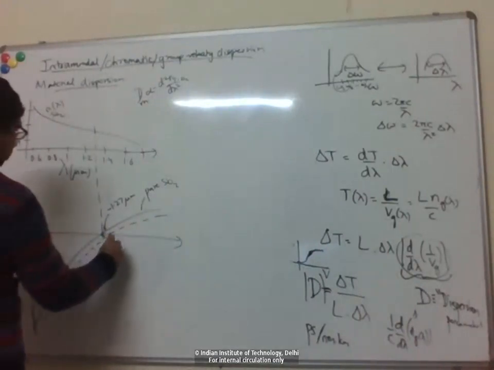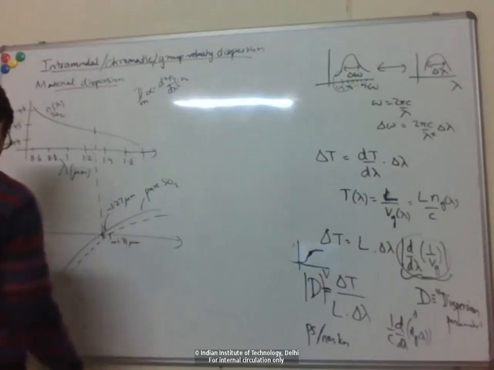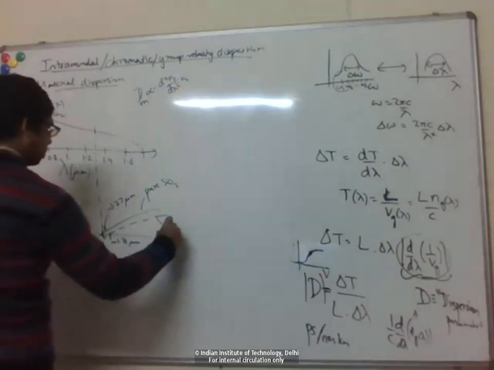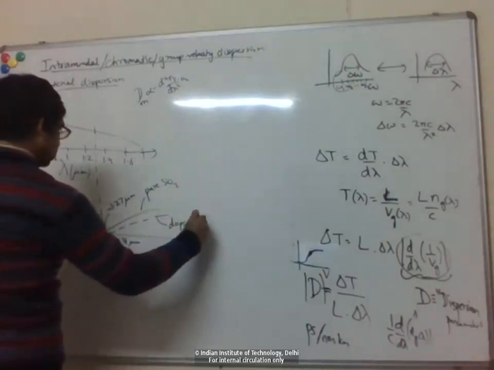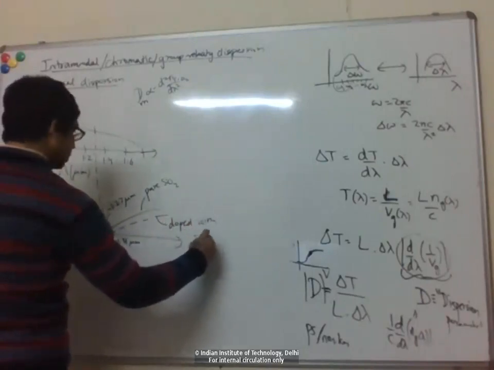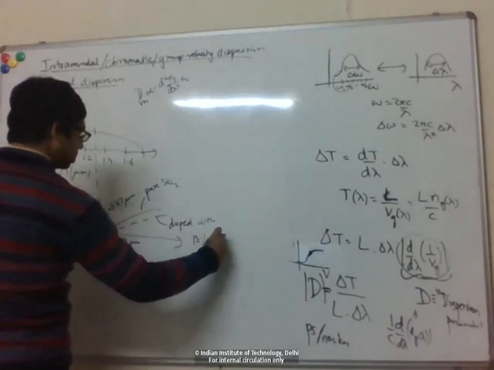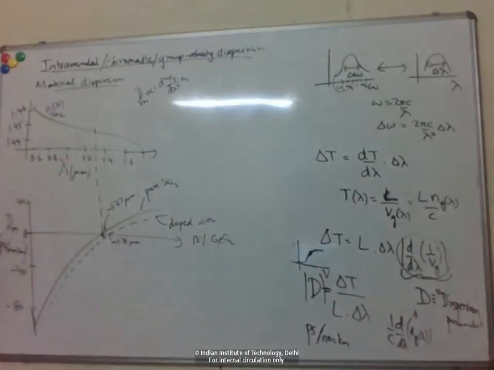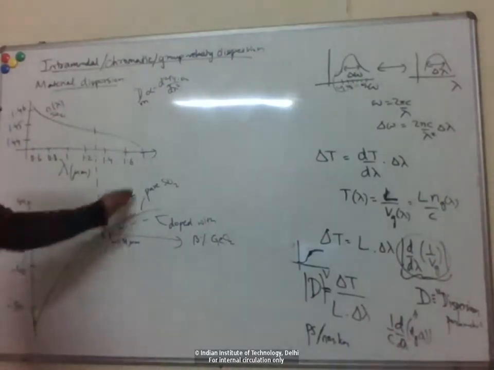So like you can go up to, let's say, 1.31 or something. So this is doped with 13% germania or germanium dioxide. Okay, but basically, typically it looks like this.